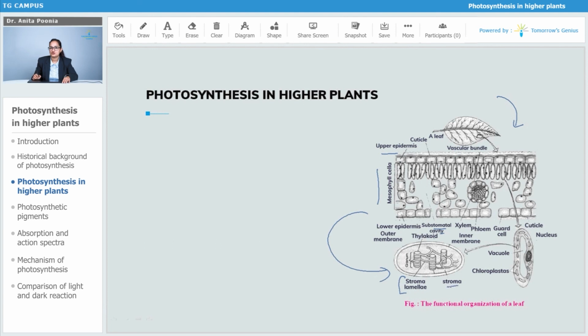You see the stroma, and you could see the thylakoids which are there, the inner and outer membranes, both the membranes that are there. And this is the chloroplast, you see the nucleus and the vacuoles over here.